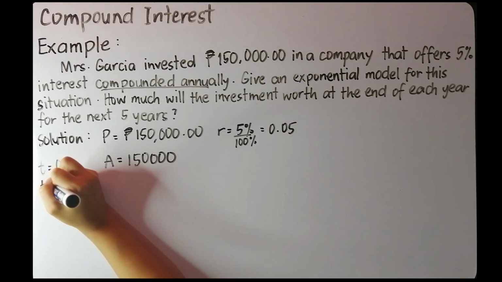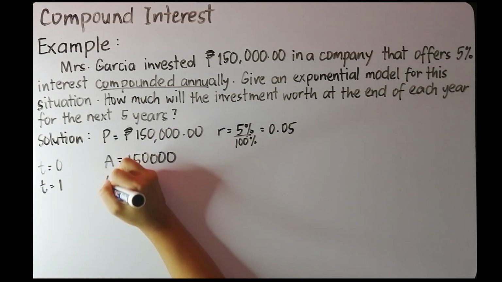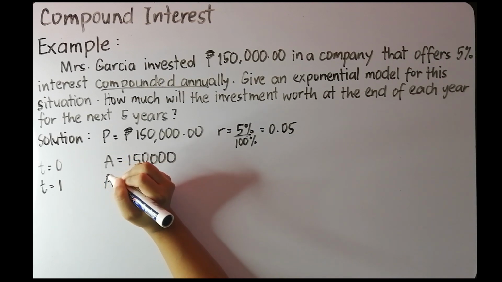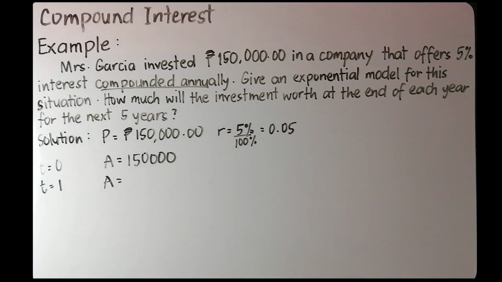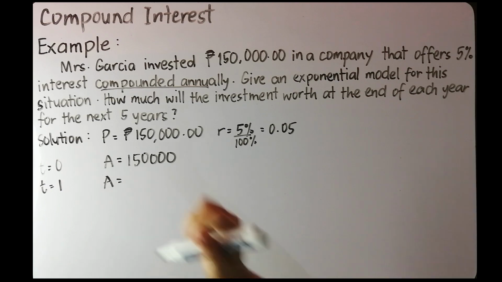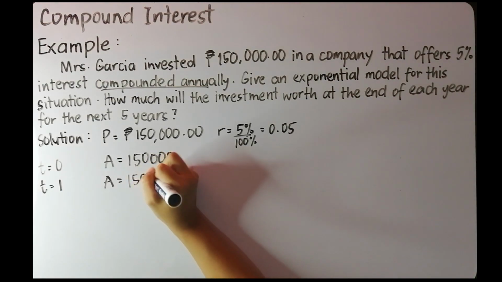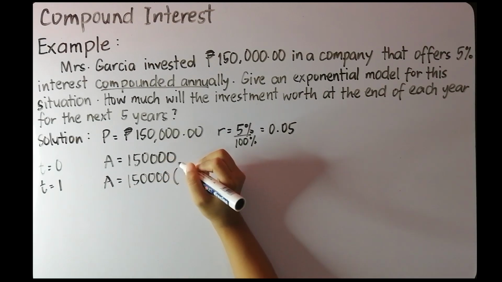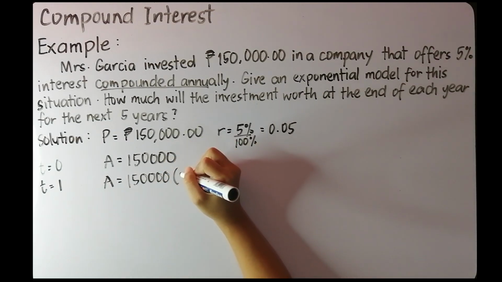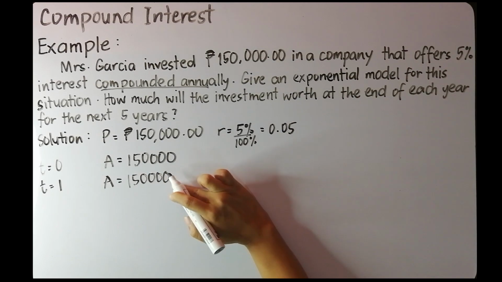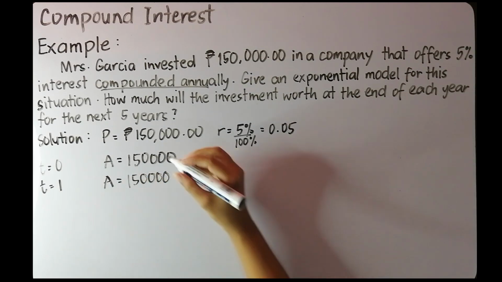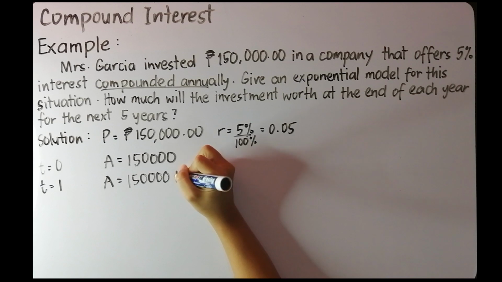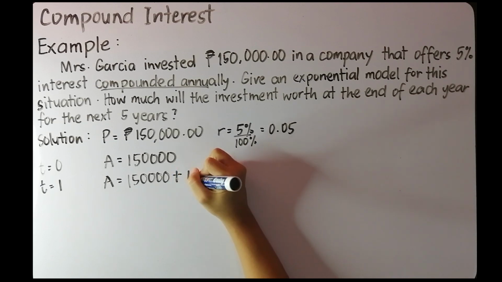At t equals 1, you will now have a compound interest. Your 150,000 will have an additional 5%.